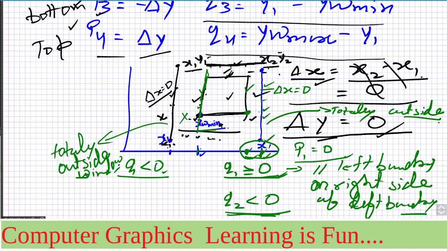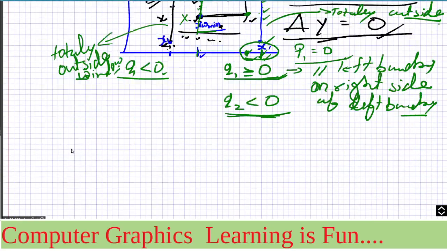So now, this was the story of those lines for which the pk values become 0. What about those lines for which the pk values are less than 0 or greater than 0? Let us think about the conditions.